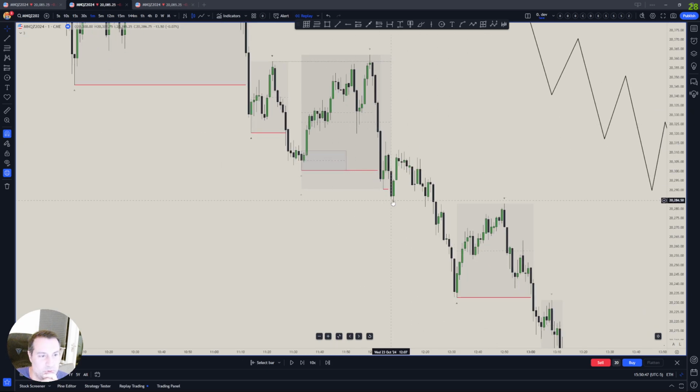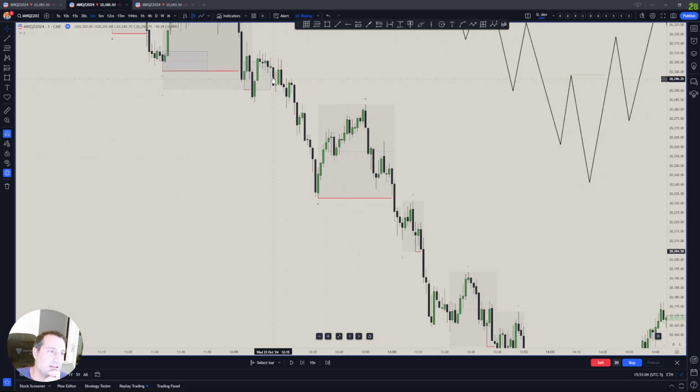We close below, we create a continuation, which is this candle, and immediately we close above it. So this qualifies it as a small zone that just breached and continued immediately. And we continue, and then there's a pullback.